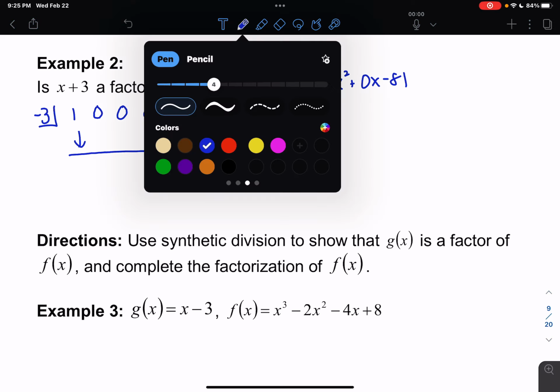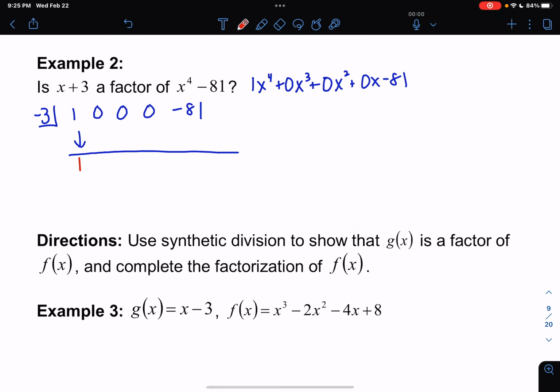Now bringing down that first leading coefficient and then multiplying and adding. 1 times -3 is -3. 0 plus -3 is -3. -3 times -3 is 9. 0 plus 9 is 9. 9 times -3 is -27. 0 plus -27 is -27.